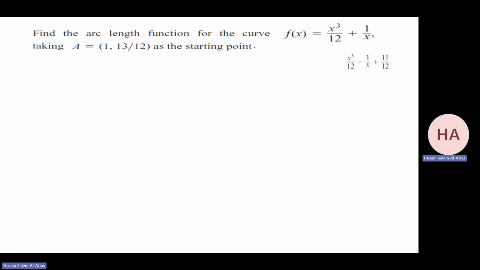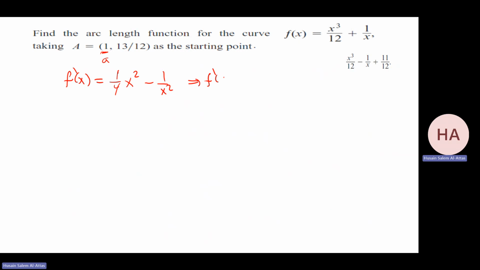Find the arc length function, the same thing. I have, this is a, this is not a. So I have f prime, the same idea. That will be what? F prime is 1 over 4 x squared minus 1 over x squared.